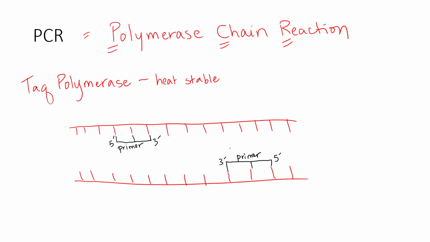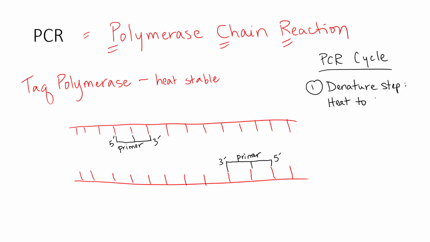So you heat it. A PCR cycle involves what we call the denaturing step. You heat the mixture to 95 degrees, and the purpose is to unzip the DNA. That weakens the hydrogen bonds that hold the two strands of the DNA together, so that unzips them. And then we have a cooling step, we call it the annealing step.